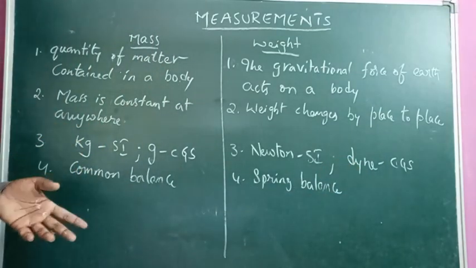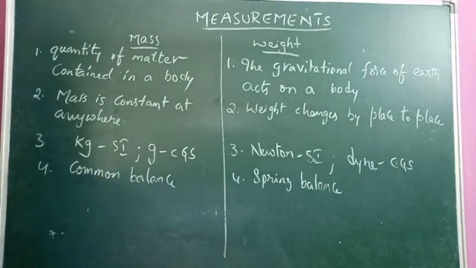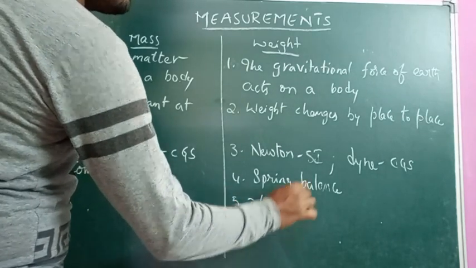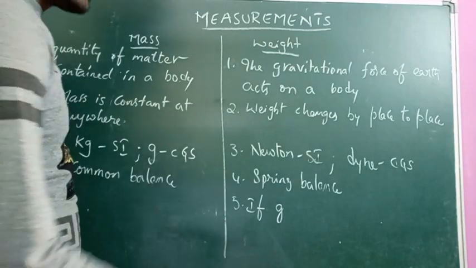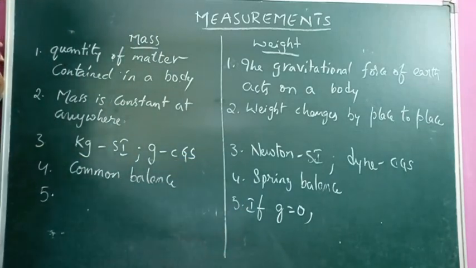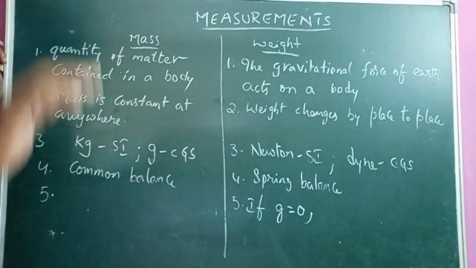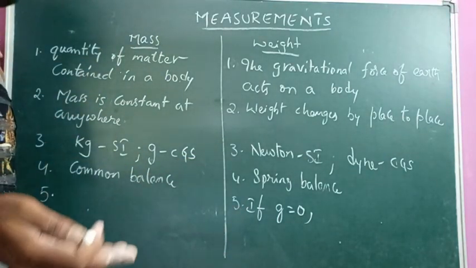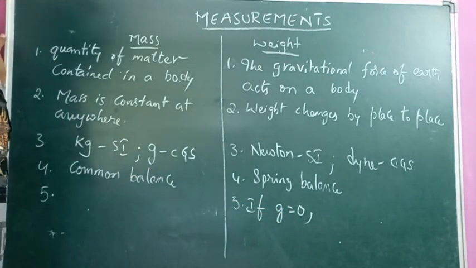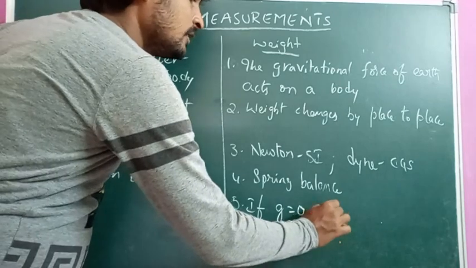Not only this, we have so many types of balances. Remember, if the gravitational force is 0, that means the acceleration due to gravity g is equal to 0, then the weight is also 0.